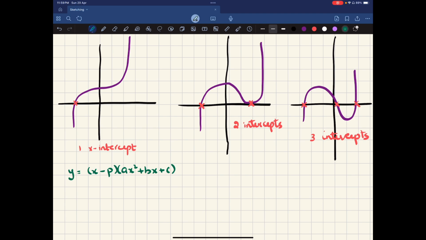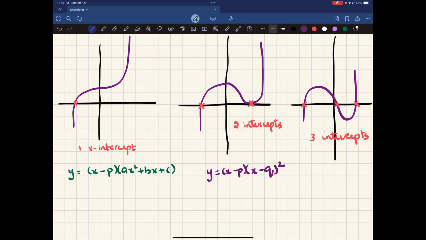In case the cubic function intersects the x-axis at 2 points, the equation is going to be in the form x minus p, x minus q whole square. So this is going to yield 1 point, and the other point is this.